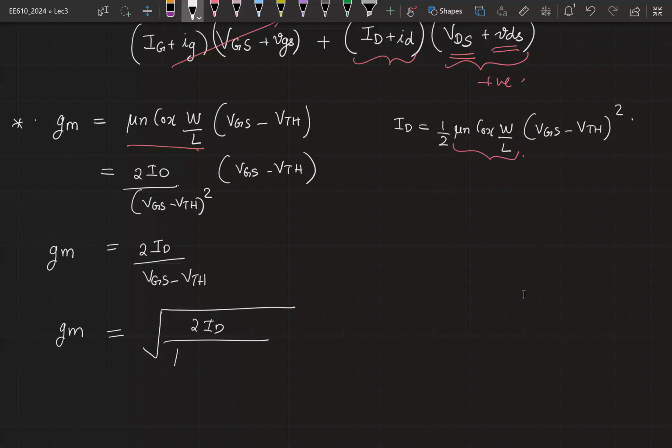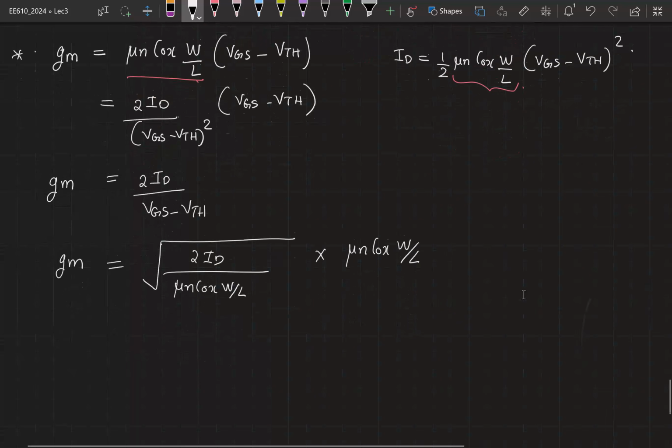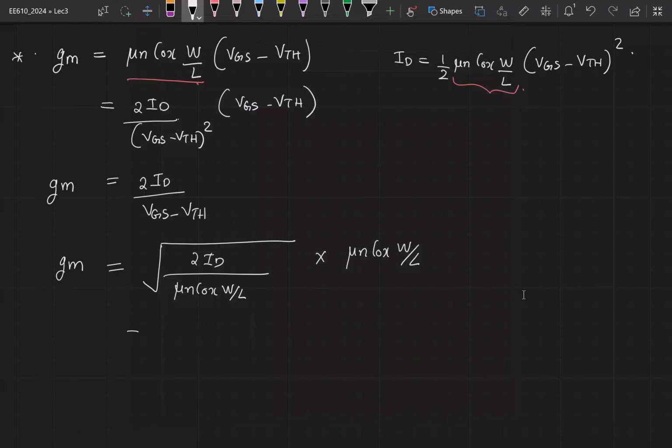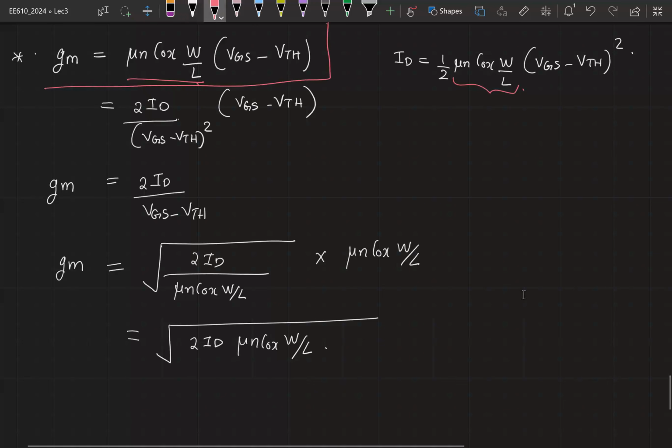This into mu n COX W by L. Okay. So this gives you root of 2ID into mu n COX W by L. So you have three expressions.